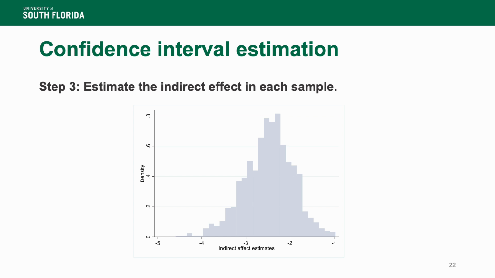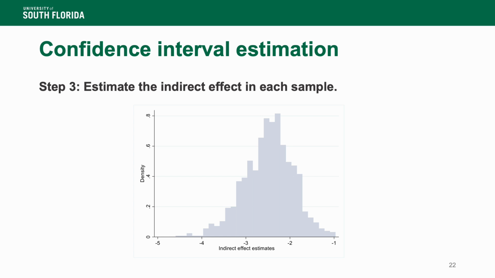Once we have those 1,000 indirect effect estimates, we can create a distribution of indirect effect estimates. Now, I do want to note you don't actually have to create this distribution to estimate the confidence intervals, because we can also simply ask our software to output the 2.5th percentile and the 97.5th percentile.